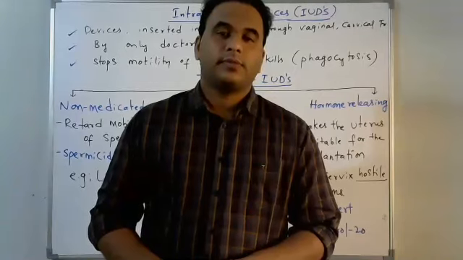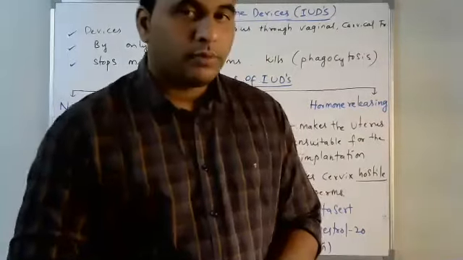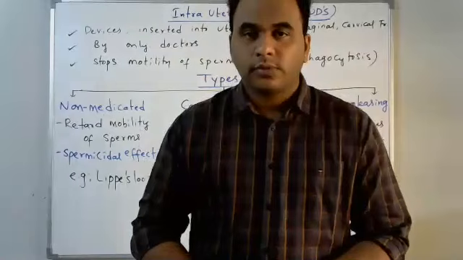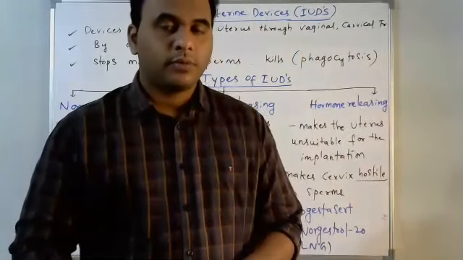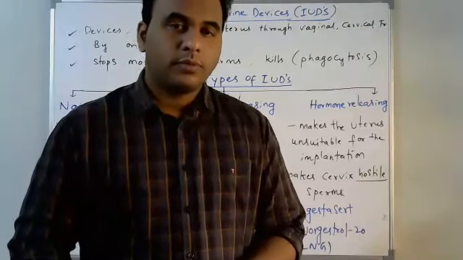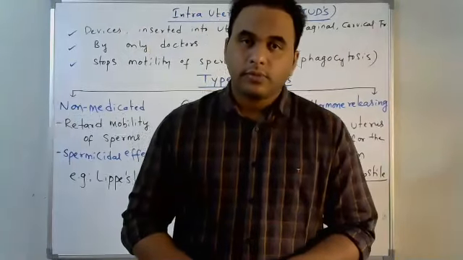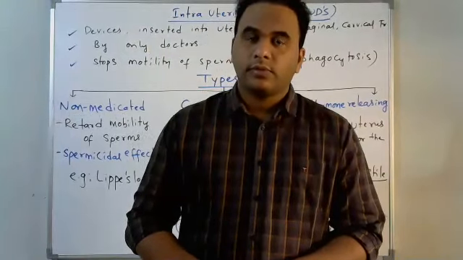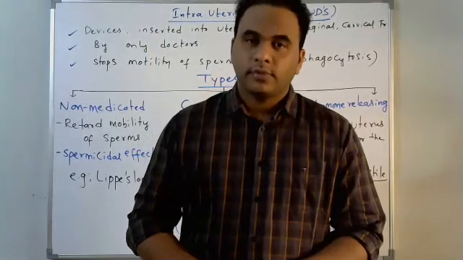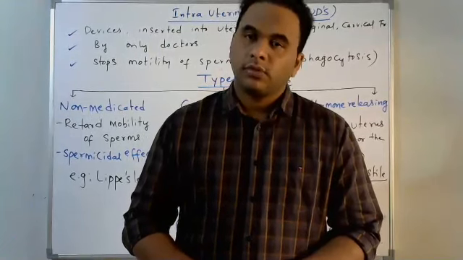Sir, this hormone releasing IUD will release hormones to cause non-motility of the sperms. If it is still there in the uterus, will it cause any problems for future purposes?